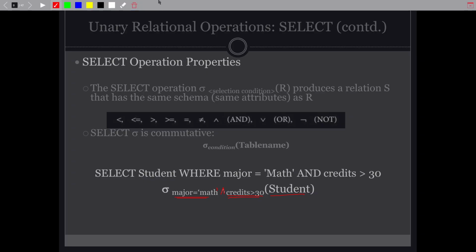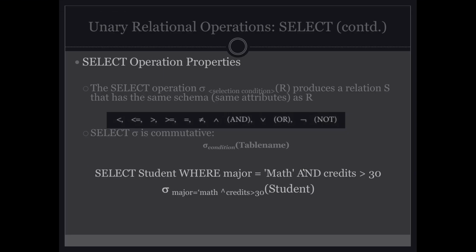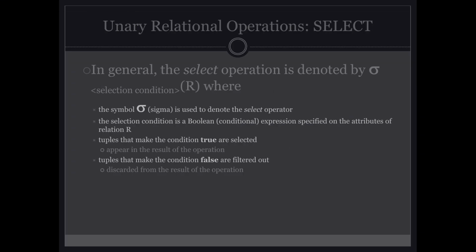Okay. Alternatively, in the SQL notation, you can just use and. Okay. It's much easier. So that's it for the selection. One more thing I need to mention is that you can also put parentheses here, okay? And that's basically it.